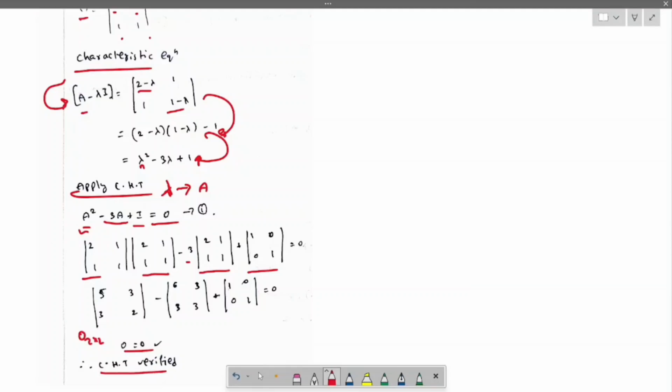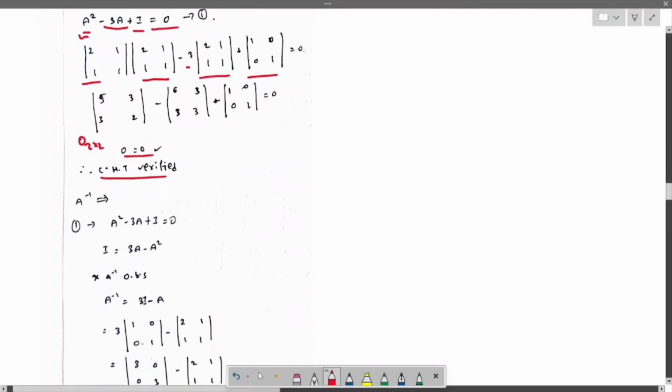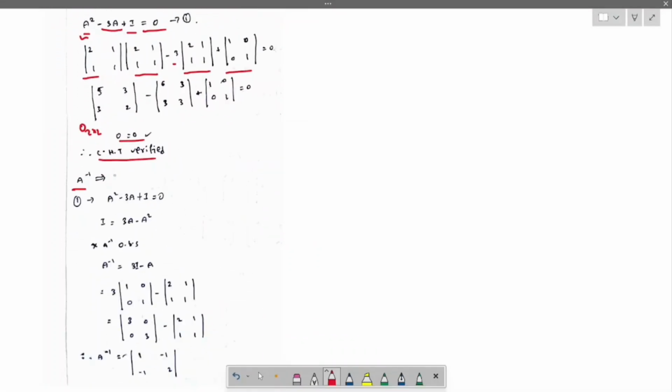So CHT is verified. Now let's go for the A inverse. From equation 1 only, we are going to find the A inverse. What is equation 1? A square minus 3A plus I equals 0. Let us keep I over here and send these two things to the other side. When you send them, we get minus 3A on the right hand side, and so minus A square.